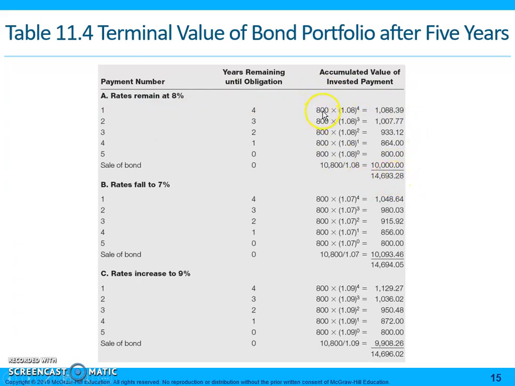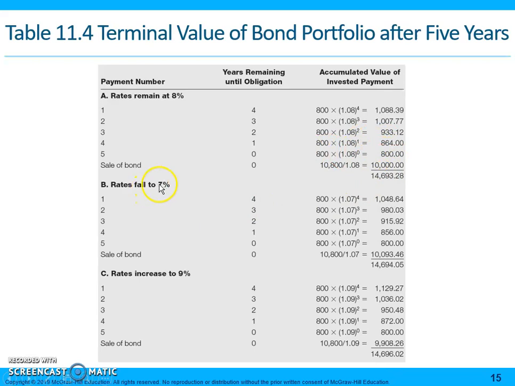We're earning these coupons. We're earning 8% every year. So the first coupon we've got 4 years left. We're going to earn 8% for 4 years, then 8% on the next coupon and for 3 years, and on down the line. The last coupon payment, we don't earn any interest on because that's when we sell the bond.